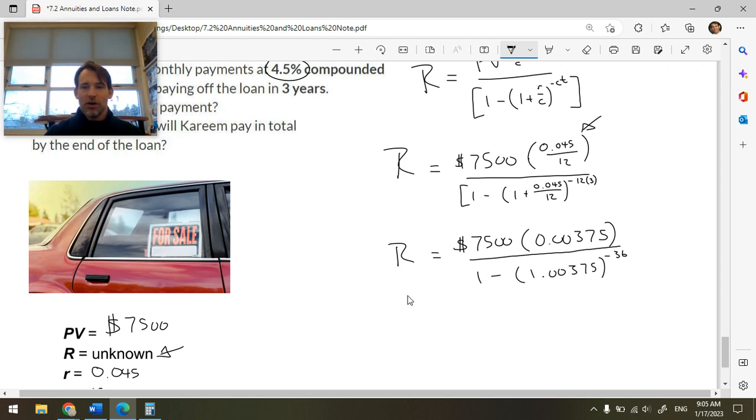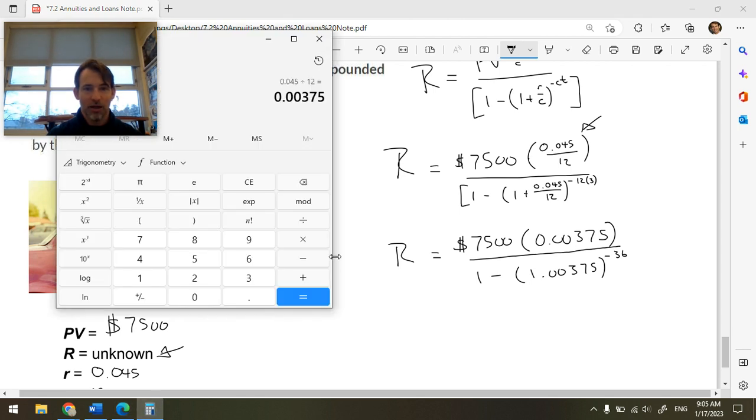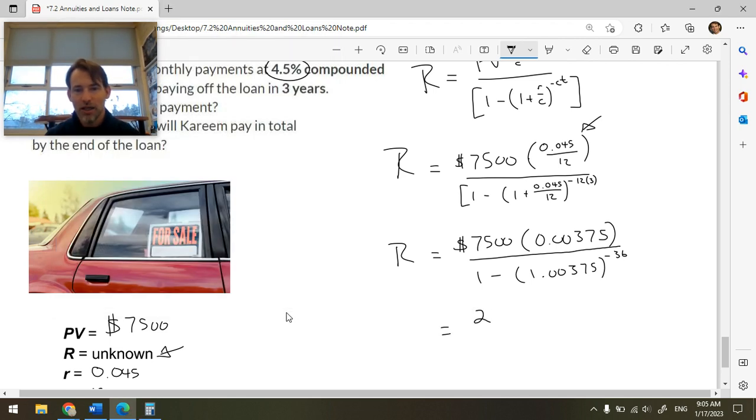Okay, so let's do the numerator. We got that number right here. I'm going to multiply that by 7,500 and it equals this number, 28.125. So we can write that down. 28.125 is the numerator, and it's in dollars.